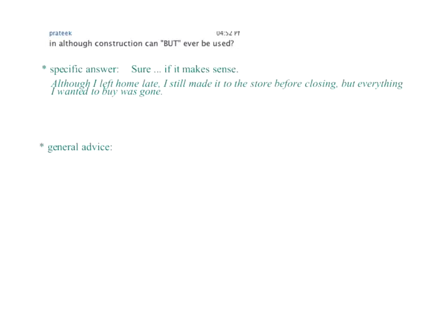So I mean, this makes sense, right? Like, although I left home late, I still made it. There's your contrast, but then there's another contrast. I still made it to the store, but all the stuff I wanted to buy was gone. So this is fine. This is a perfectly normal sentence construction.